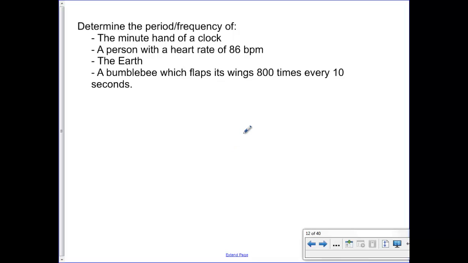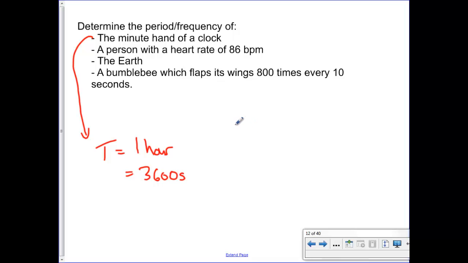Okay. I meant like the tick. No, because the little red one right there, the tick, tick, tick, that's the second hand. Right? So the minute hand goes all the way around after it's been 1 hour. So for this first one here, period would be 1 hour. Although we don't normally measure period in hours though. Seconds. So 3,600 seconds.